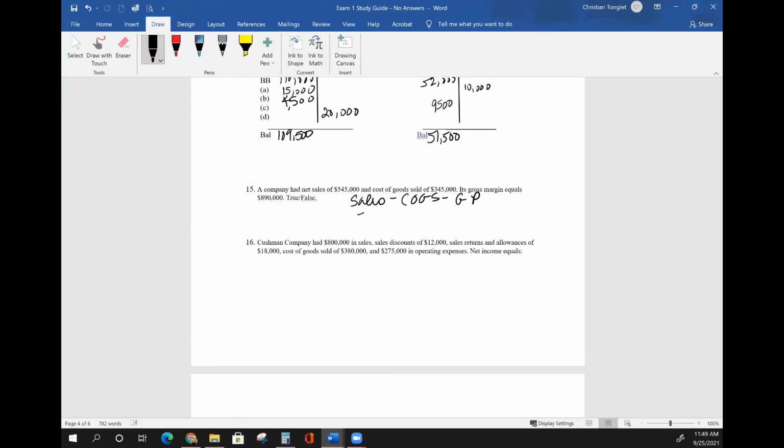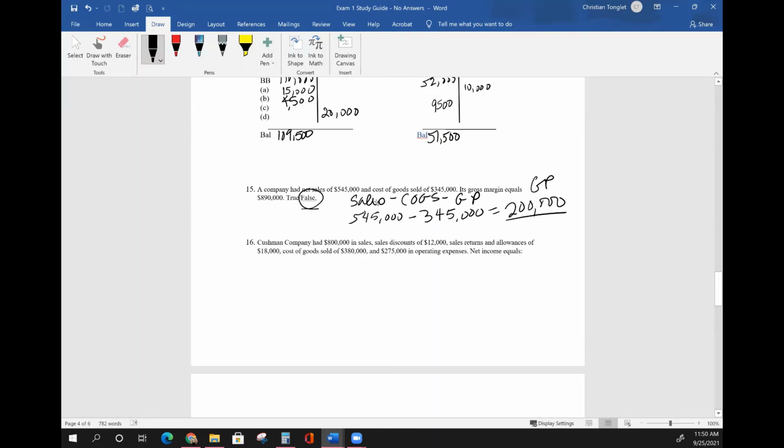So I have 545 less the 345, that gives me 200,000. This is what my gross profit would be. So is it 890,000? No, that's false. Again, you'll have to know how to do the formula in order to see if the question's true or false.